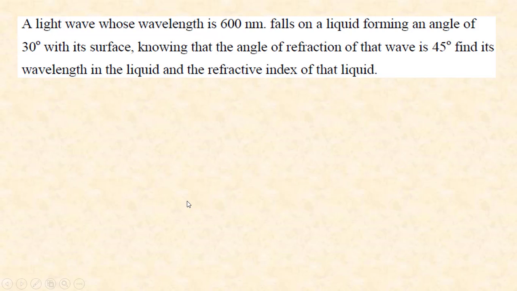Example 3. If a light wave whose wavelength lambda equals 600 nanometers falls on a liquid forming an angle of incidence 30 with its surface, knowing that the angle of refraction theta is 45, find the wavelength in the liquid and the refractive index of the liquid. The answer: from the given, lambda 1 over lambda 2 equals sine phi over sine theta, since lambda 1 over lambda 2 is the same as v1 over v2.